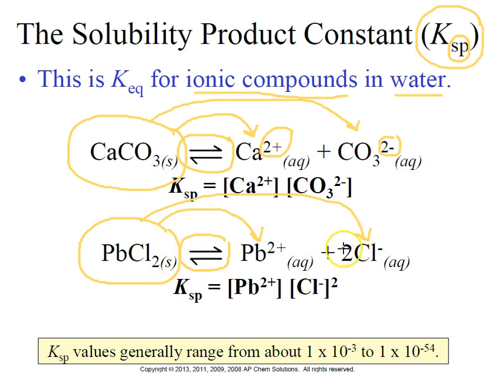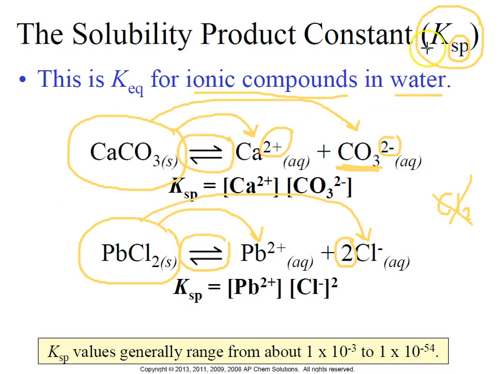There were 2 chlorines in the original reactant, so we need a 2 as our subscript. Cl2, if you wrote it by itself, is chlorine gas. But that's not what happens when an ionic compound breaks apart in water. It simply breaks into the ions. So if there's more than one of them, we use that as a coefficient. Notice your polyatomic ions stay together when these break apart in water.